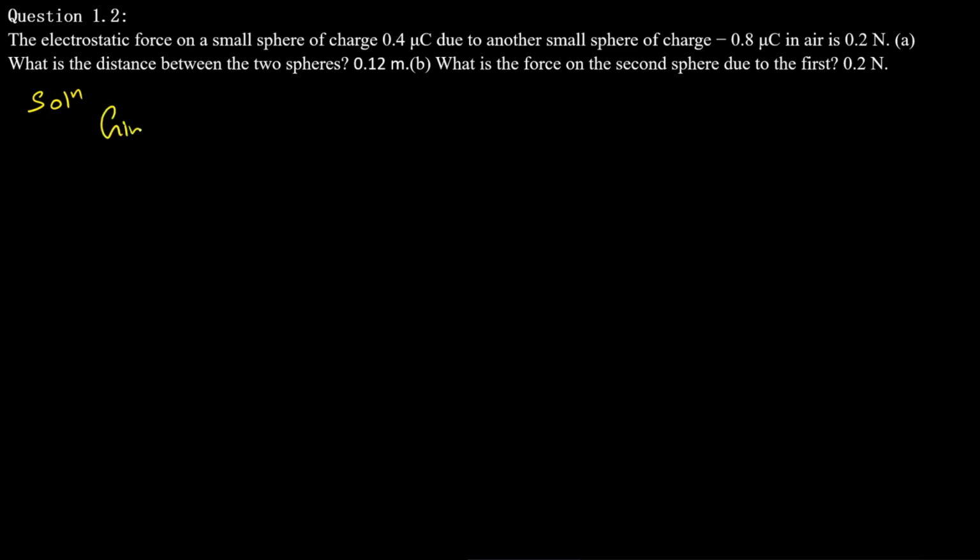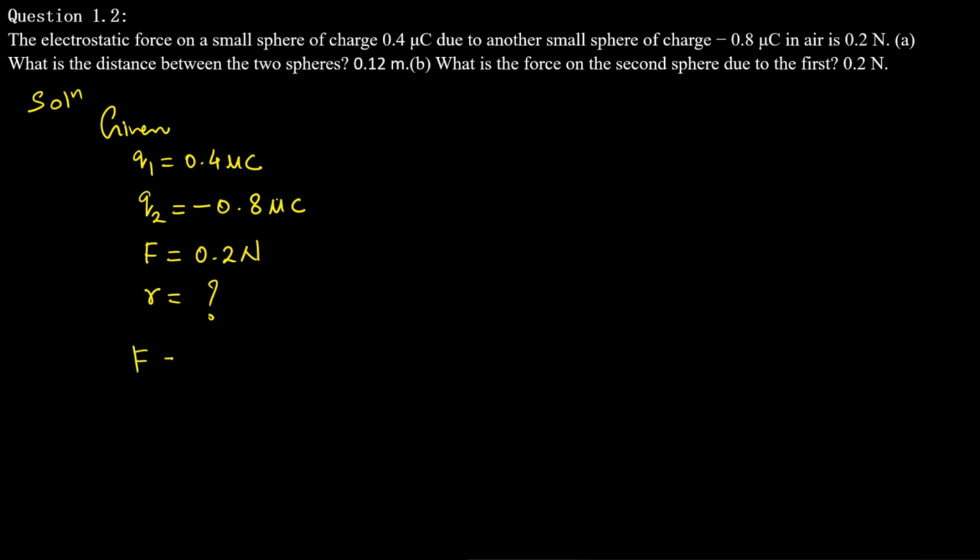So again, the given parameters, first of all we will write. The Q1 is 0.4, the Q2 is minus 0.8 microcoulomb. The force between them is 0.2 Newton, and we have to find the distance.